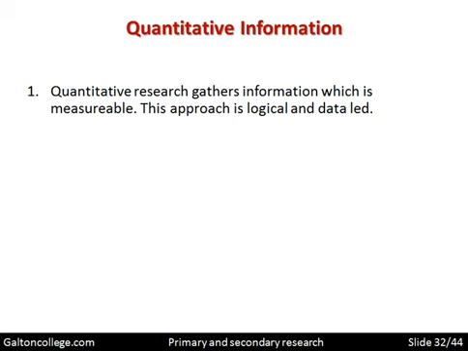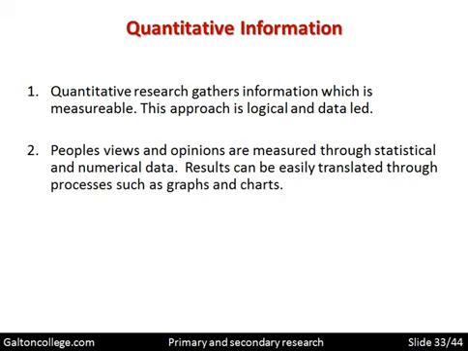So averages and distributions and standard deviations and trend lines and so on can be worked out from this type of data. So it's quantitative, it's measurable. People's views and opinions are measured through statistical and numerical data. Results can easily be translated into processes such as graphs and charts.